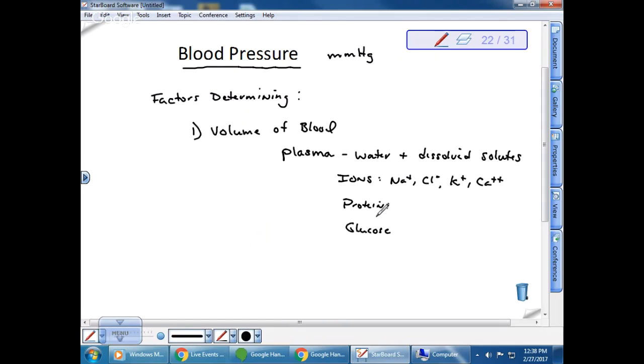The reason I mention this is that sometimes we can have too many solutes, and that will actually affect the volume of the blood. And so an example of this would be if you take in too much sodium. So here's my example. Let's say you eat too much, you take in too much salt. Your body compensates by retaining water.